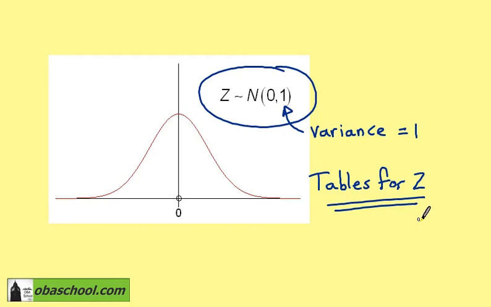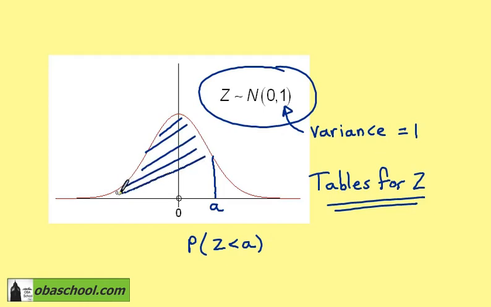The way that these work is that for some value z equals a, the tables give the probability of z being less than a. In other words, what they give is the area shaded here from z equals a all the way back to infinity.